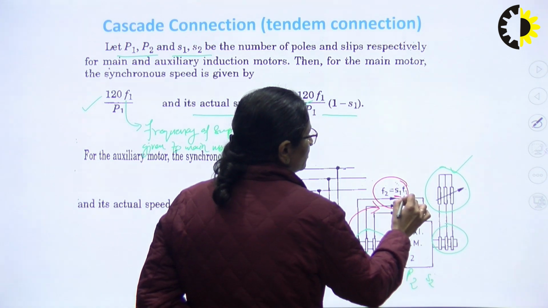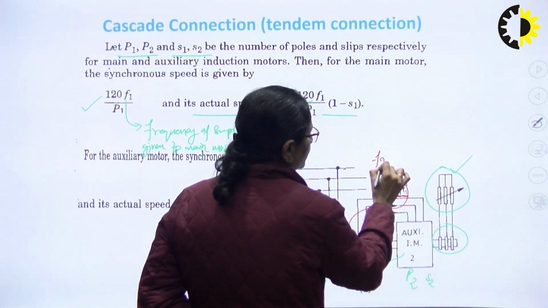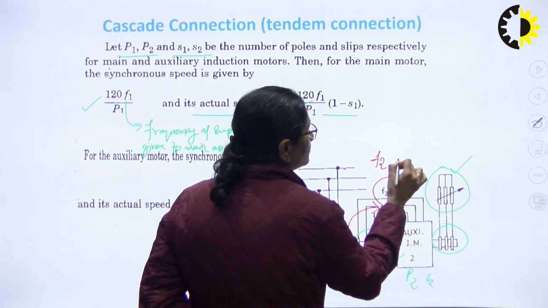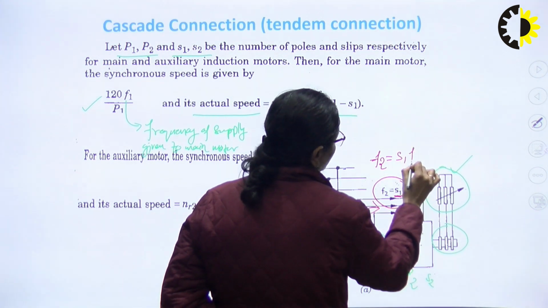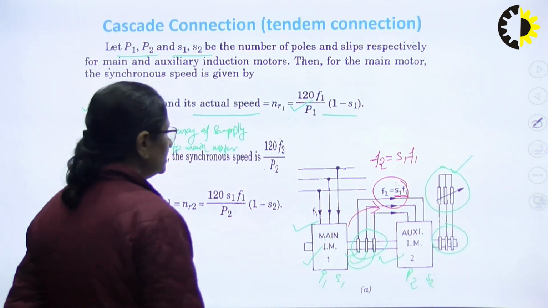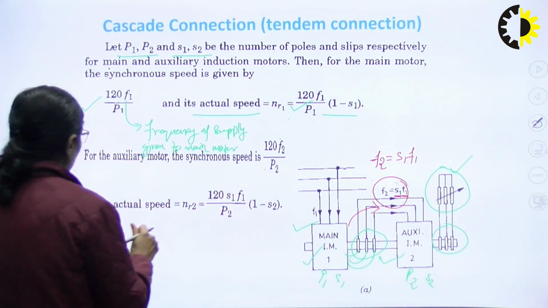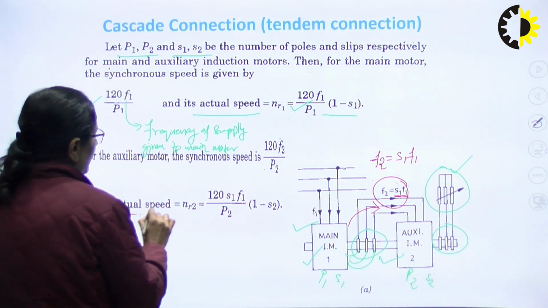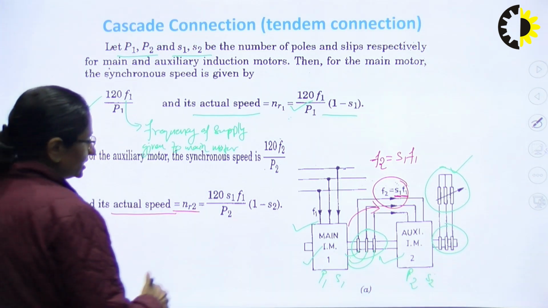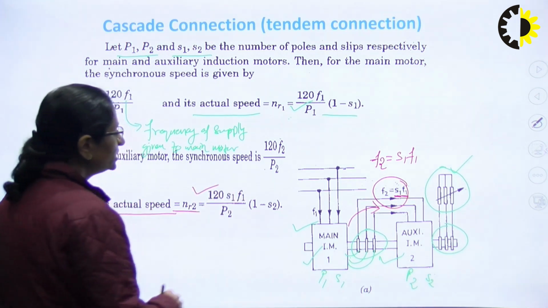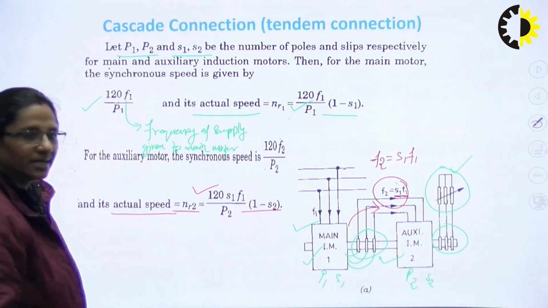The frequency of supply to the first motor is F1. So, the frequency of supply given to the auxiliary motor is nothing but S1 F1. Knowing F2 equals S1 F1, I can very well write down the actual rotor speed for the second motor, or the auxiliary motor, as 120 S1 F1 upon P2 into (1 minus S2).